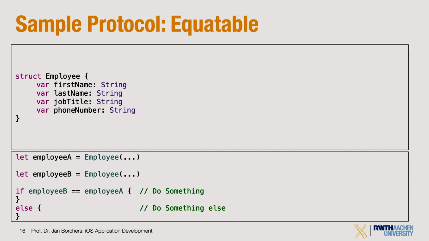and this is just here true for structs as well, as you can see, this won't fly. You cannot just say employee B equals employee A if you created these two as Employee structs. This doesn't work because Swift won't let you do this. So whenever you create a custom struct or a custom class or anything like that, a custom data type, you don't have equality defined by default.